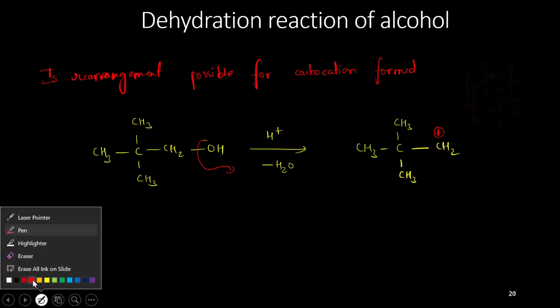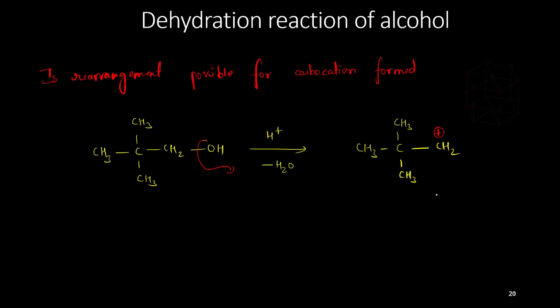Now this will convert into this: whatever this CH3 is there, now it will go and jump here. When it jumps here, now this will get the positive charge. Understood?